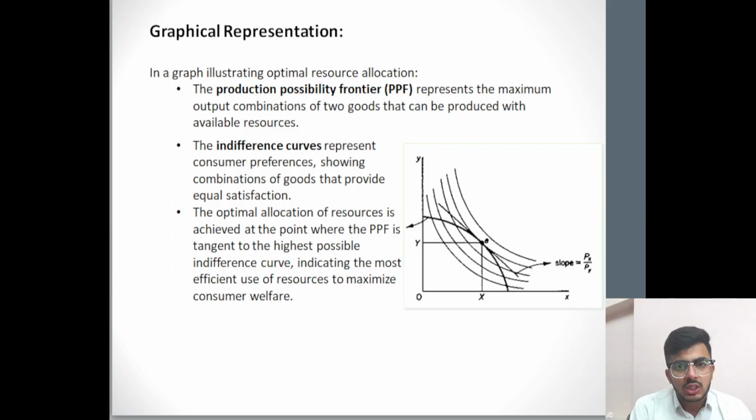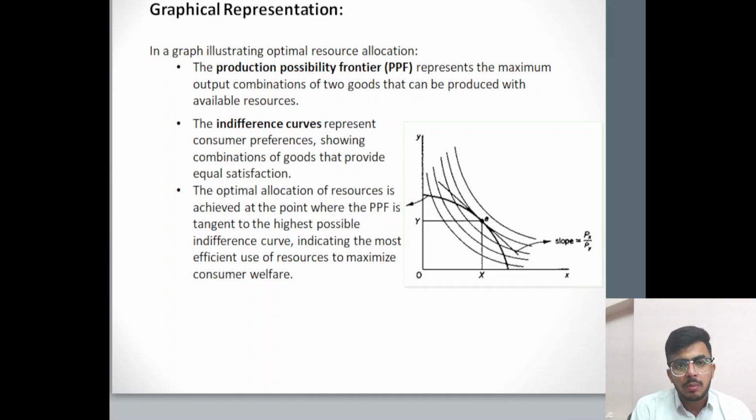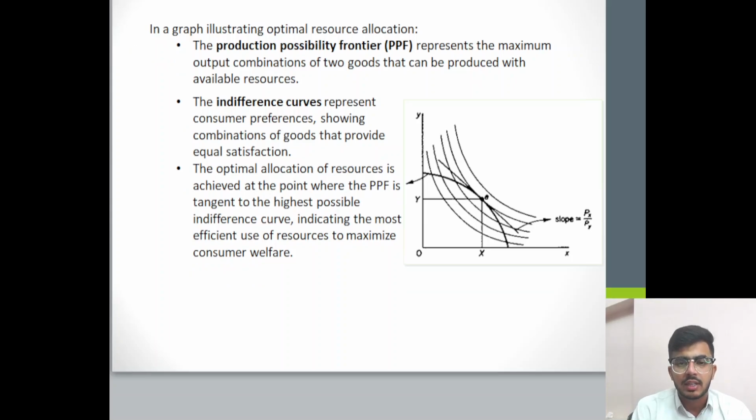The production possibility frontier represents the maximum output combination of two goods that can be produced with available resources. The second is the indifference curve, which represents consumer preference, showing combinations of goods that provide equal satisfaction. And the third is that optimal allocation of resources is achieved at the point where the PPF is tangent to the highest possible indifference curve, indicating the most efficient use of resources to maximize consumer welfare.